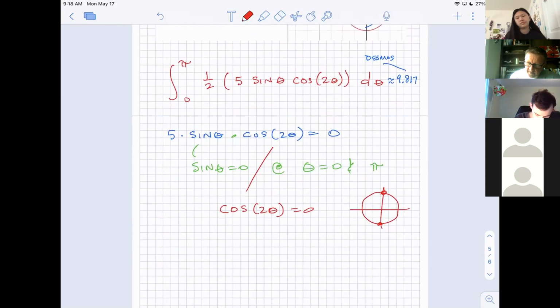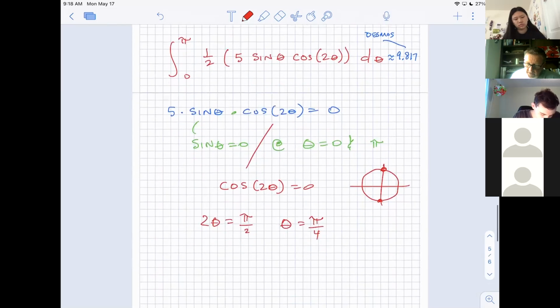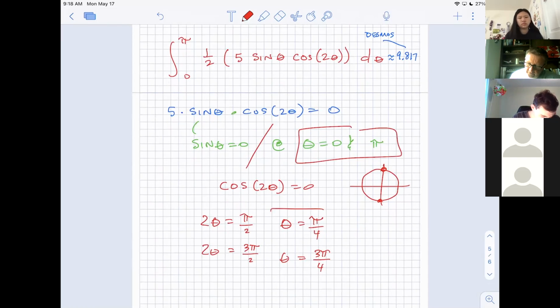So 2 theta would have to be pi over 2, or theta equals pi over 4. And 2 theta would also have to be equal to 3 pi over 2, so theta is equal to 3 pi over 4. No wonder I didn't recognize those. So these are the important starts and finishes. Those are all the important places.